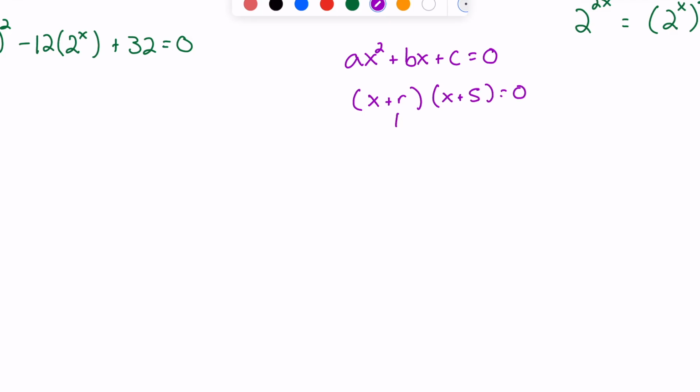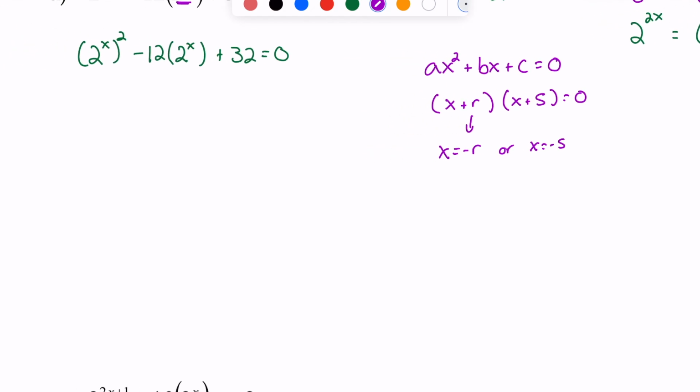And your solutions to these factors, when x is negative r or when x is negative s, are the solutions that result in your quadratic equaling 0. So we're going to be using that principle, okay?